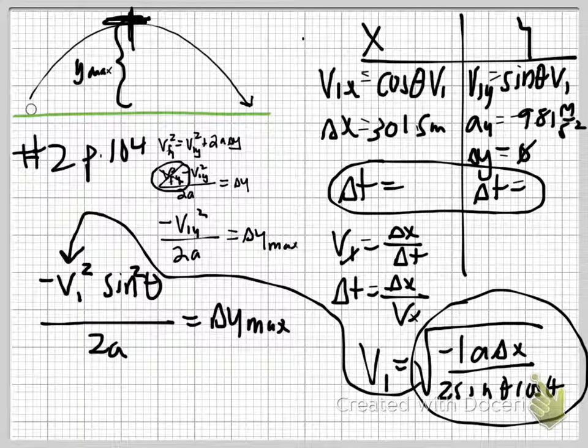That thing's going to disappear. Where did this expression come from? The Vi squared sine squared. Because we had here ViY squared, so that's Vi sine theta squared, or Vi squared sine squared theta.